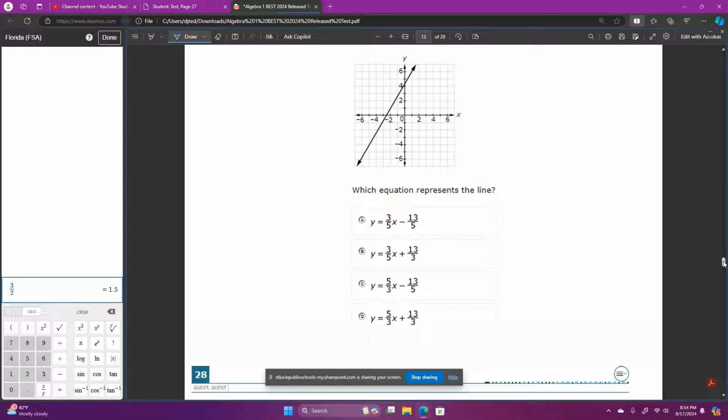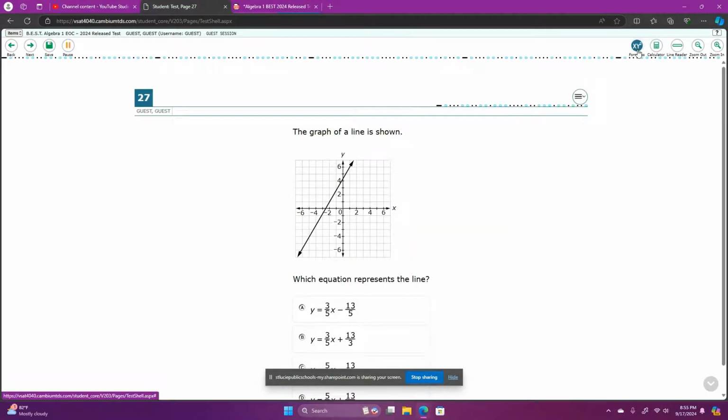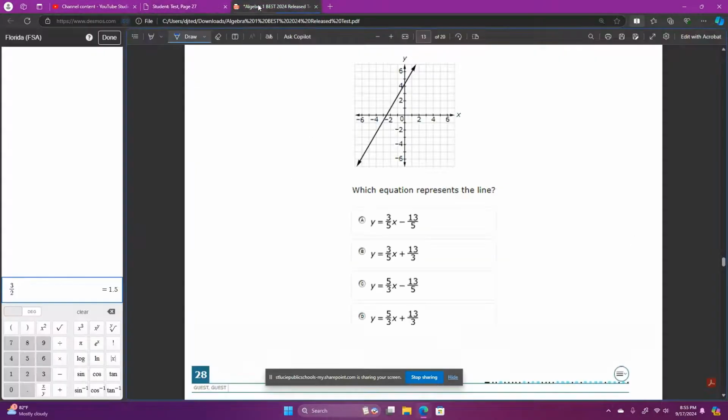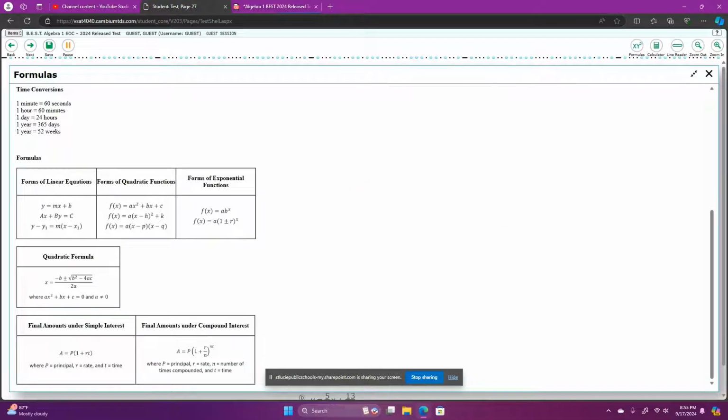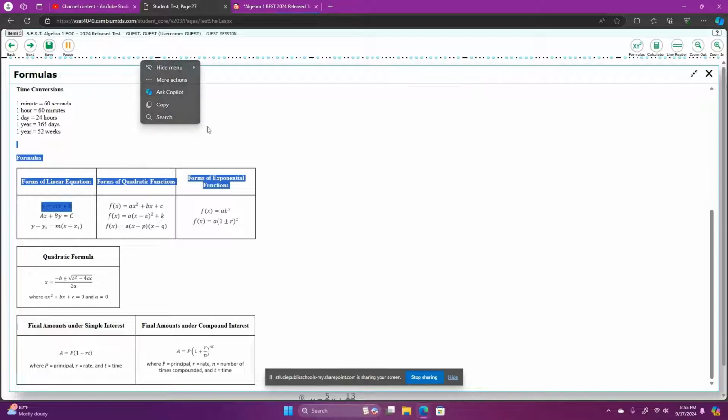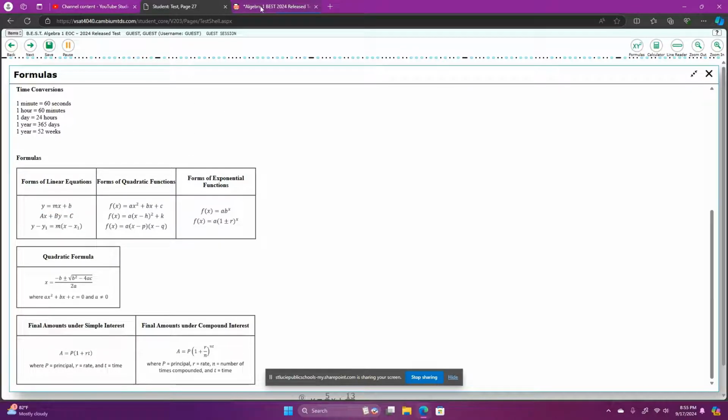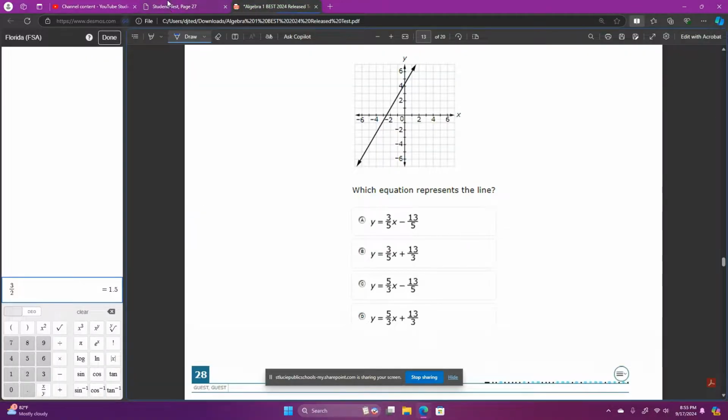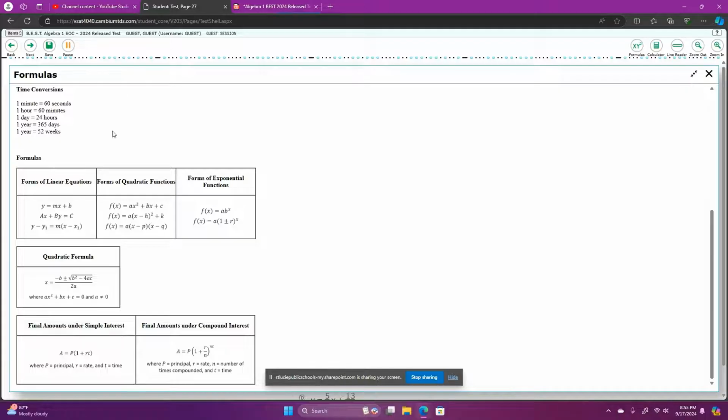Question number 27 says the graph of a line is shown. Which equation represents the line? And if you look at these equations and compare it to your reference sheet, it's a straight line. So I'm looking over here at the linear functions, and all of them equations look like y equals mx plus b.